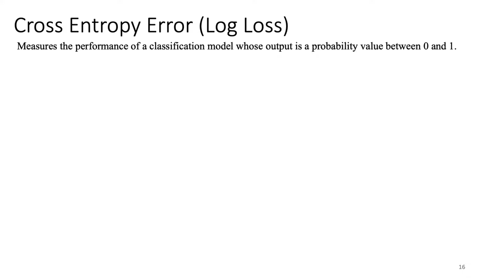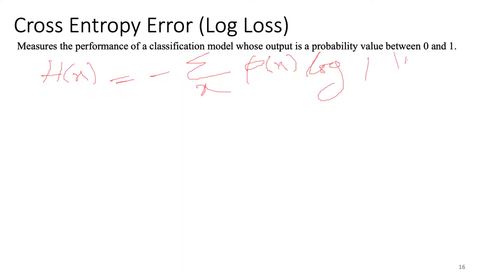So if you have a random variable x and we have a probability, we can define the entropy, for instance H of x, as minus the sum over all those x's from 1 to n of the probability of x times the log of p of x, right? And that's pretty much your log loss function.